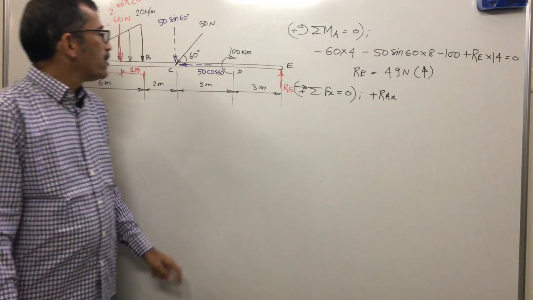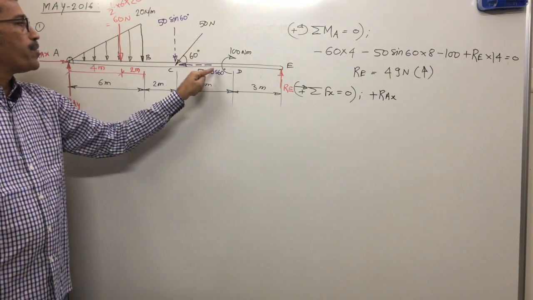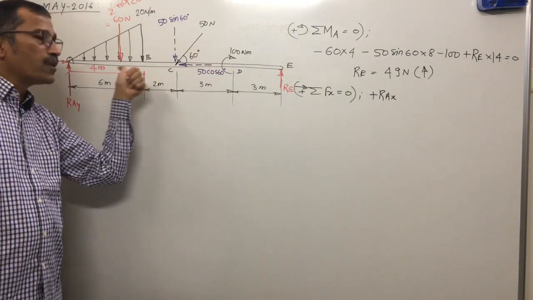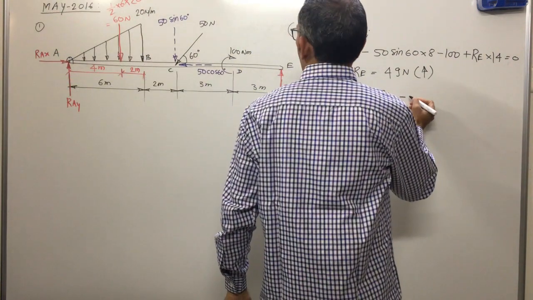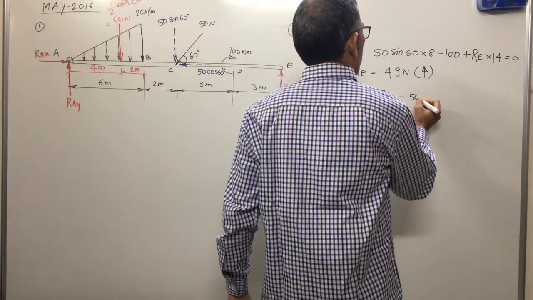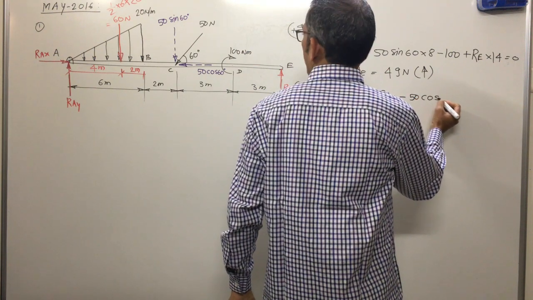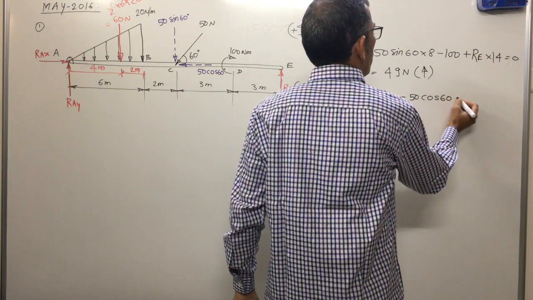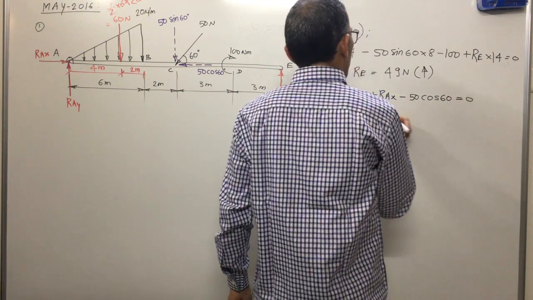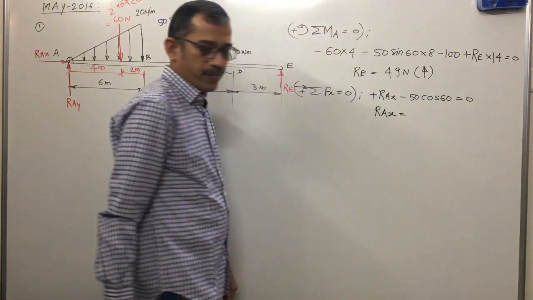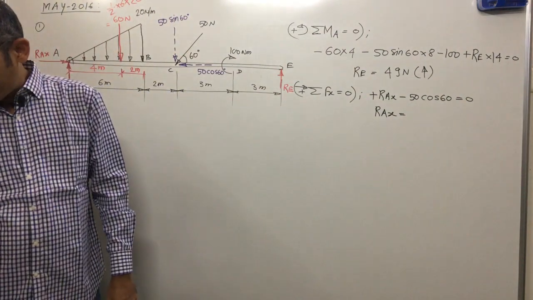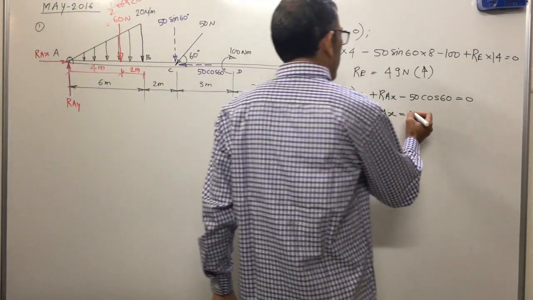The component of 50 is in the leftward direction, 50 cos 60, this is negative, minus 50 cos 60 equal to 0. That means we'll get Rax.